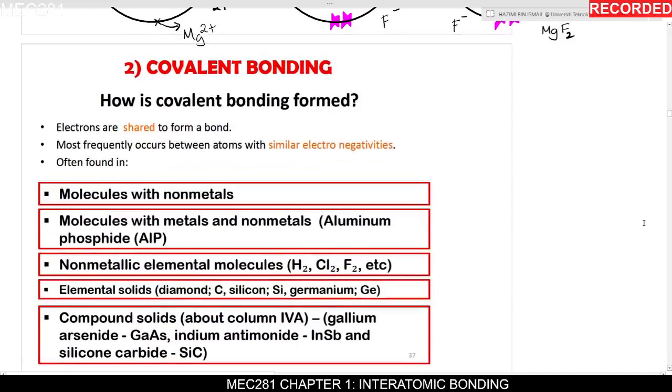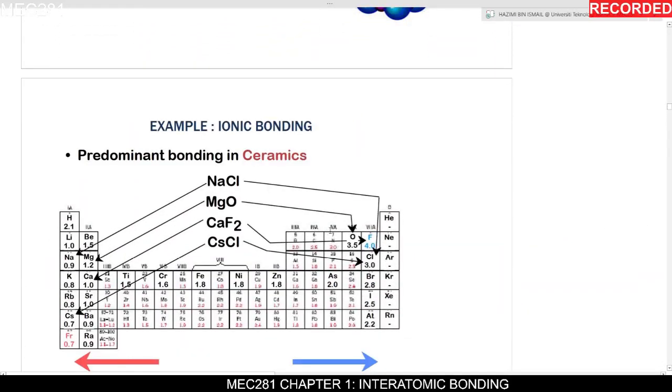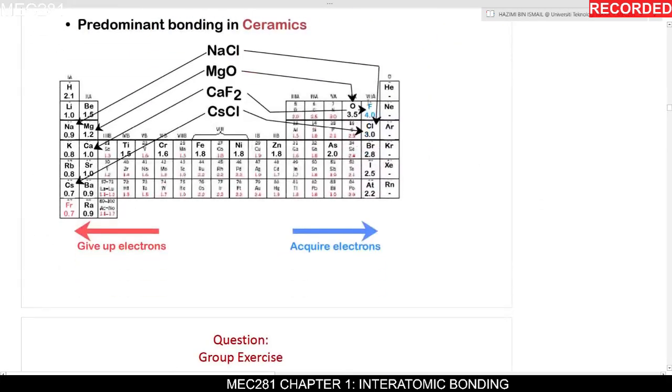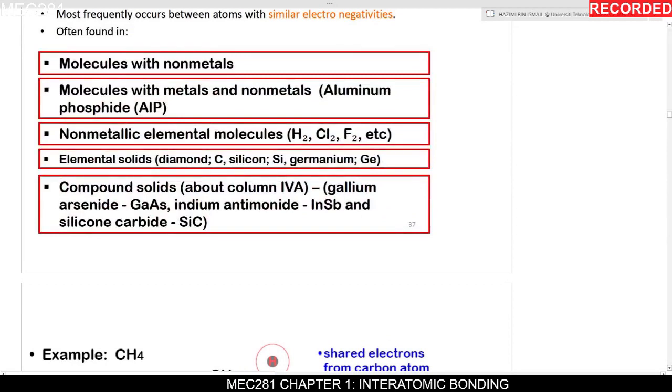Let's see group 14, column 14, around here. Yes, gallium arsenide, indium antimonide, and so on.